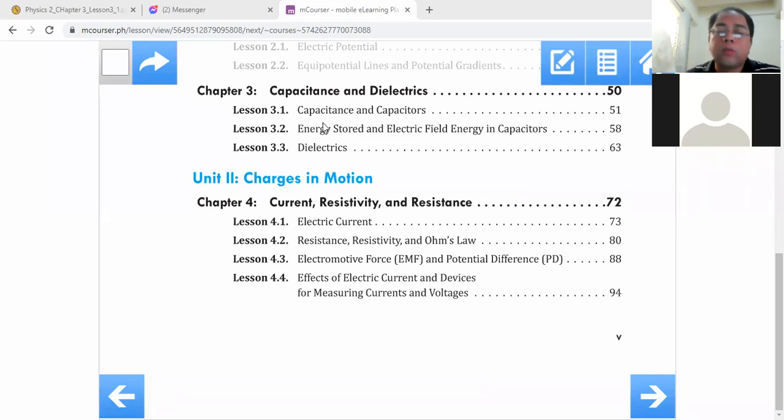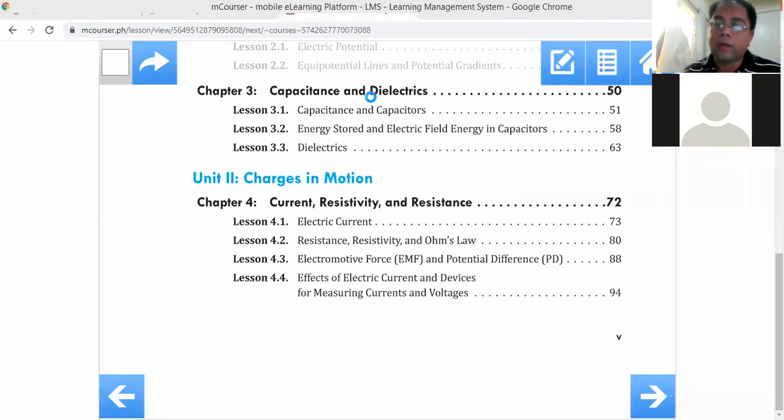In lesson 3.1 we mentioned the factors that affect capacitance, the circuits, parallel and series connected capacitances, and how they affect the total capacitance, the charge, and the voltage in the circuit. So we already made mention of very simple circuits of series and parallel connections.